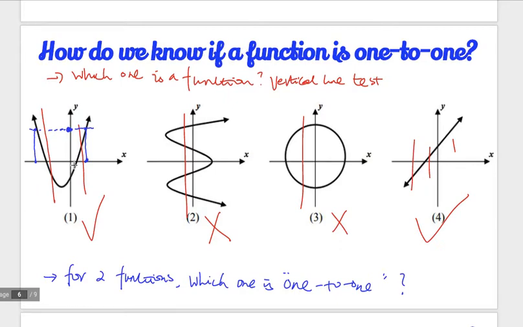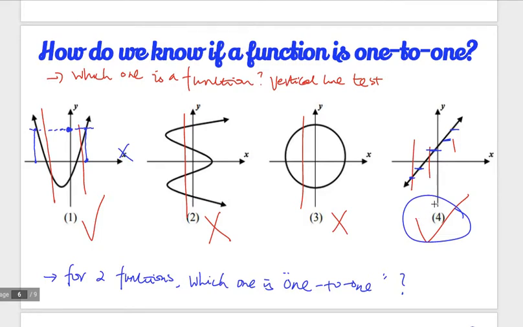So that's why this is not a one-to-one function. But if you check this one, every single x has only one y, right? There's no x here matching to the same y. So that means this one is a function and also a one-to-one function.